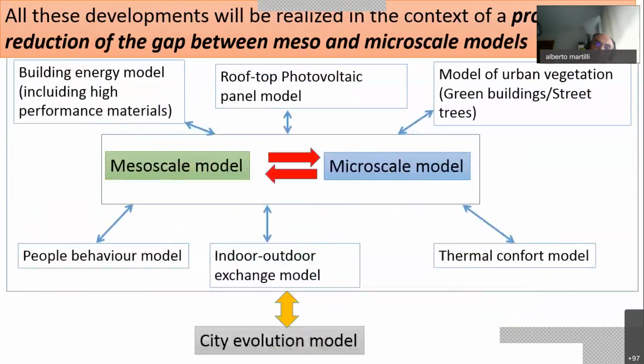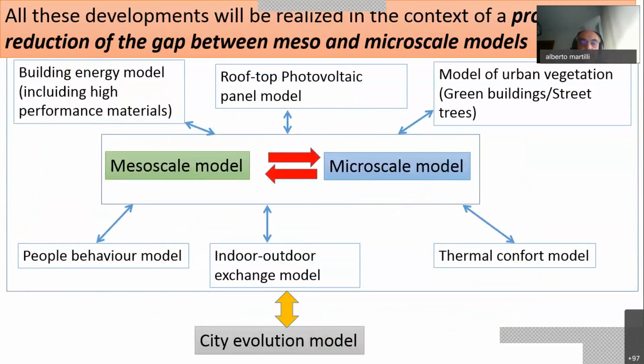All these new developments will be implemented in atmospheric models. I think in the near future, we'll still keep the difference between the mesoscale and microscale models, but the gap, particularly in resolution between these two models, will progressively shrink thanks to the increasing computational power.